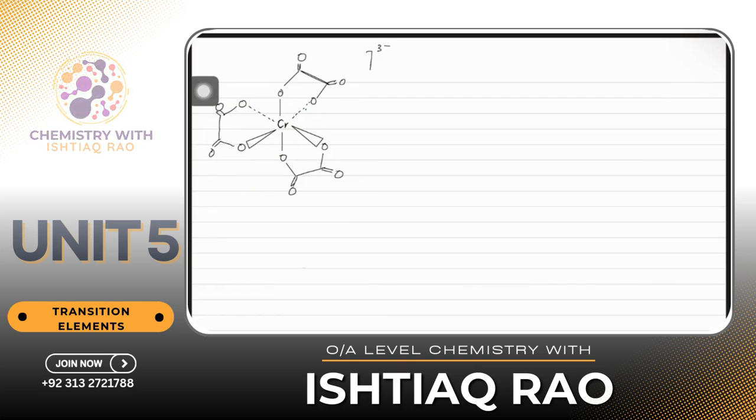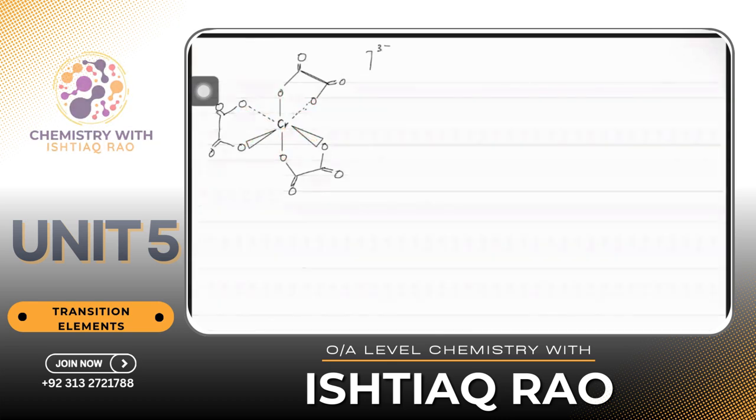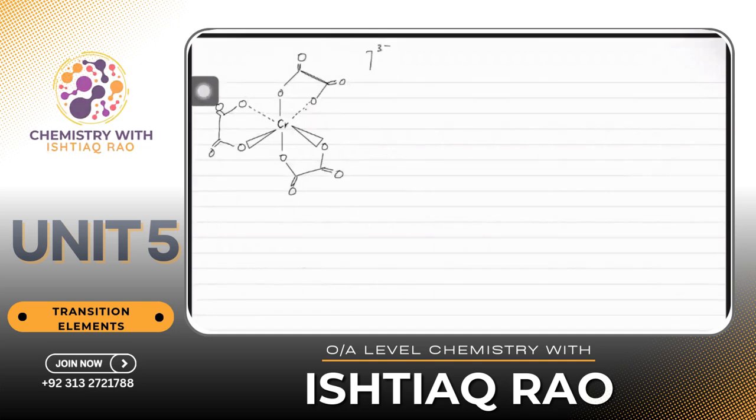You can see one, two, three, four, five, six, total six dative bonds that they are going to form. But we must know which ligand is monodentate and which is bidentate. In yesterday's class, I told you about EDTA.